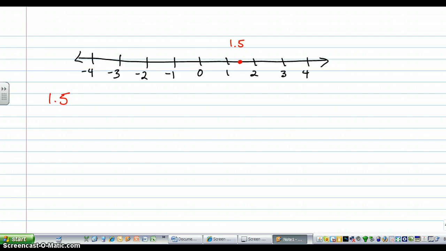Now, with your pencil carefully, will you point to where negative 2.25 is? You should be at about negative 2 1/4, which is about right there. How'd you do?